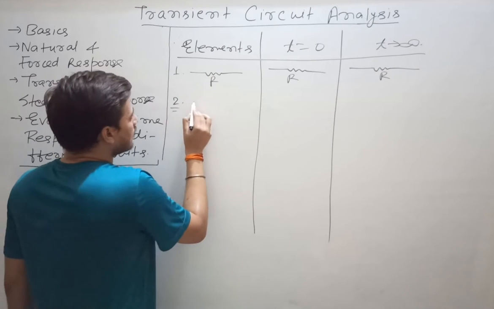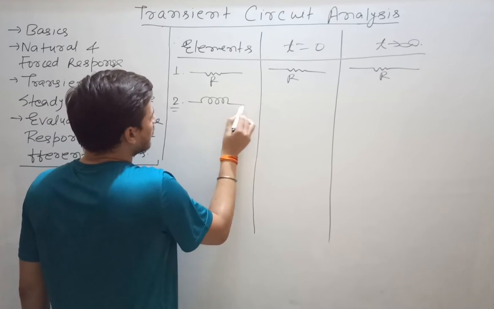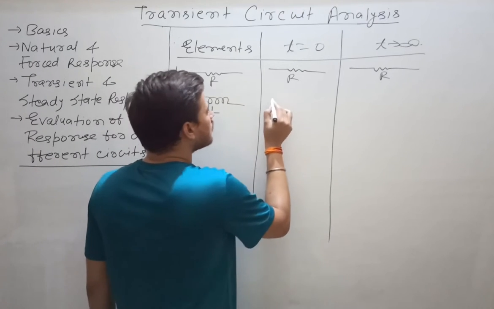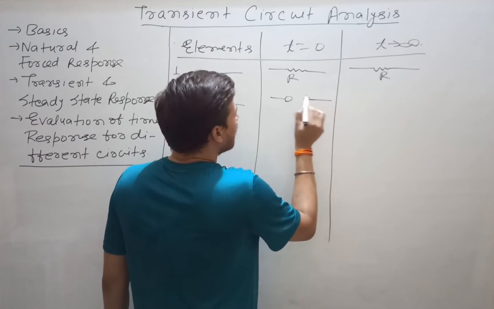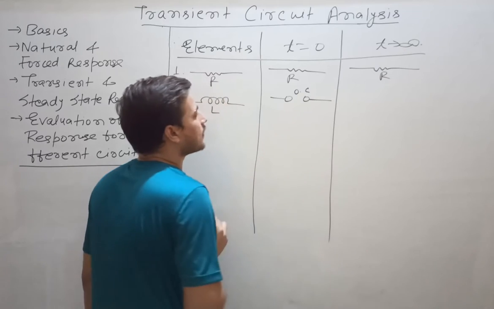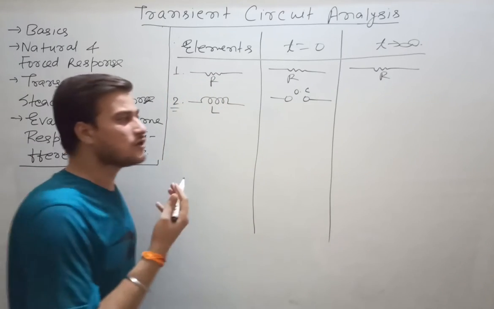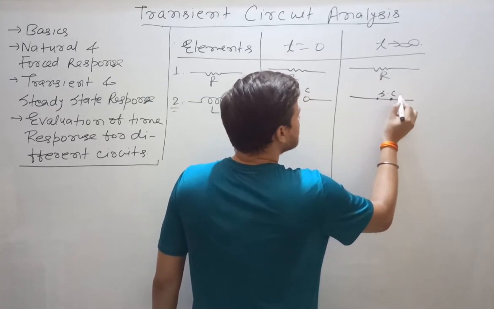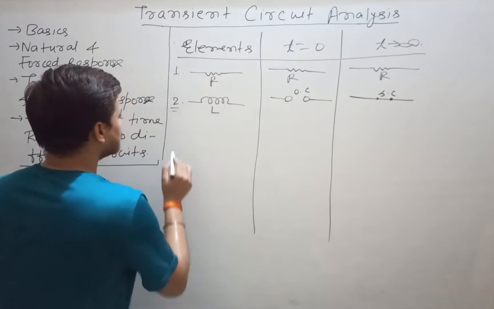Second case, you are having an inductor. At t equal to 0, the inductor will be acting like an open circuit. Now when time t tends to infinity, the inductor acts like a short circuit, shown by a short circuit.